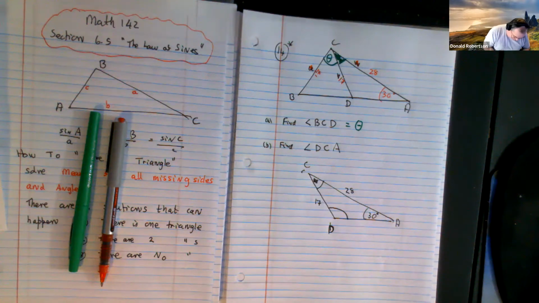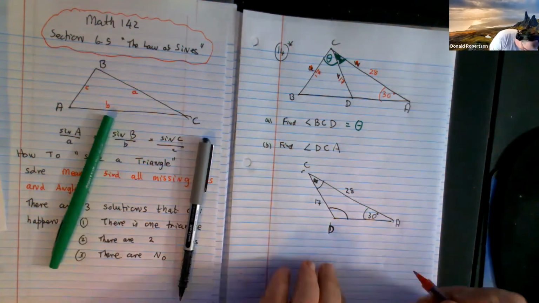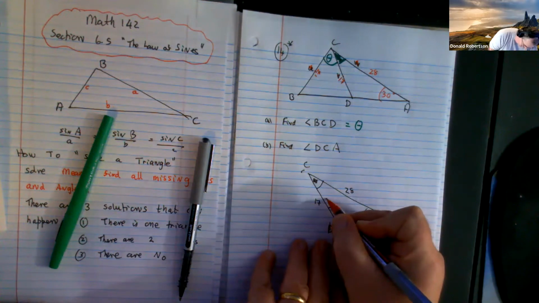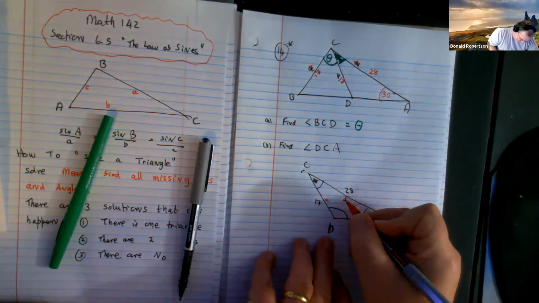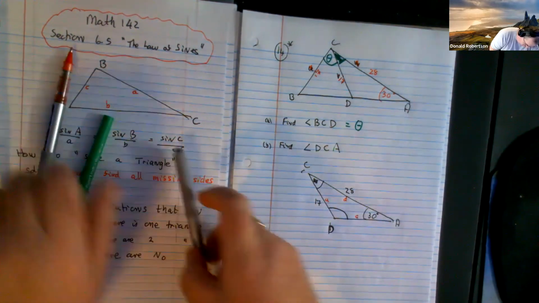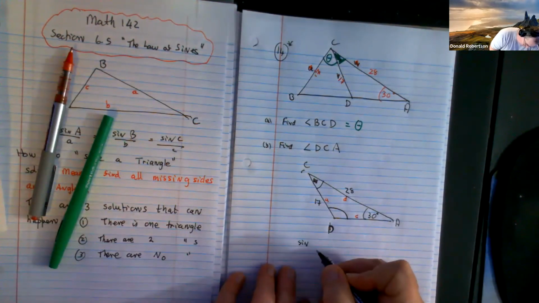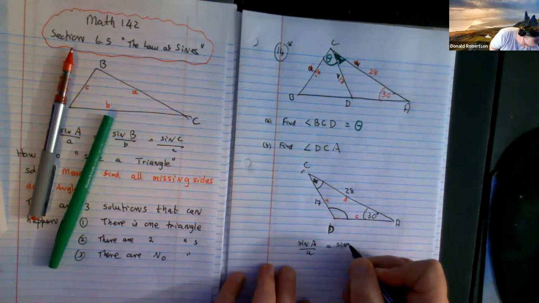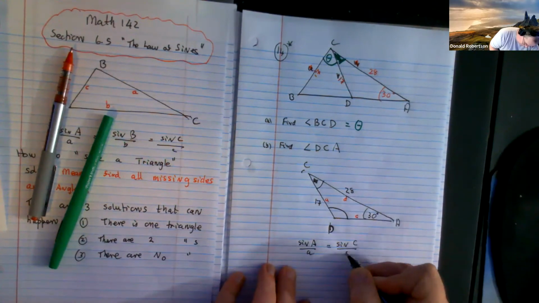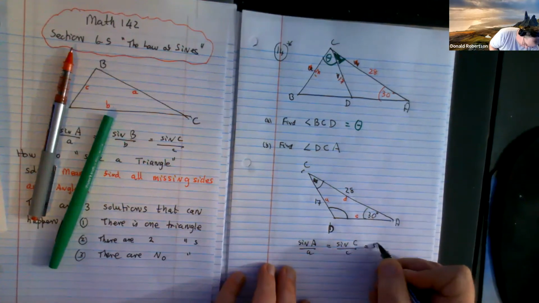So based on the story that we've got here, this will be little a, this will be little c, and this guy over here will be little d. And so the lettering is going to have to adjust to take that into account. So sine A over little a is sine C over little c is sine D over little d.